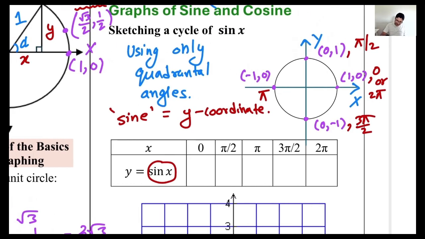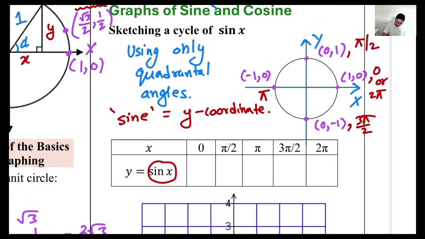So at 0 degrees, okay, maybe I can highlight a couple of them. At 0 degrees, the y coordinate is 0. So sine of 0 is 0. And when you go to 90 degrees, the y coordinate is 1. So sine of pi over 2 is 1.